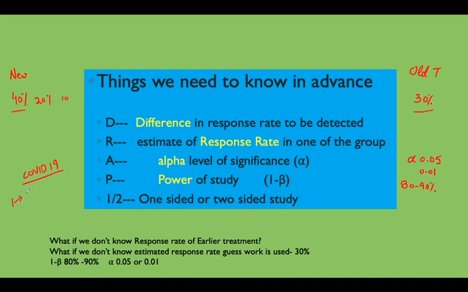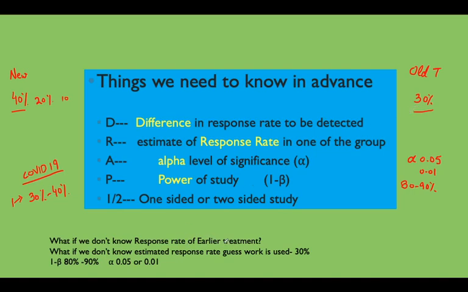So we say that the new treatment is always beneficial and our response rate may rise from 30% to 40%. This is a generalized consensus that a new treatment, a new marker or a new drug will improve the response by 10 to 20% from an available value of 30%.